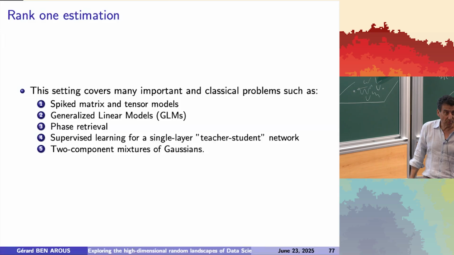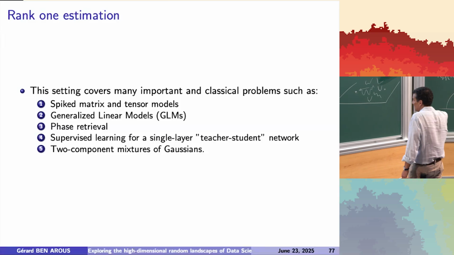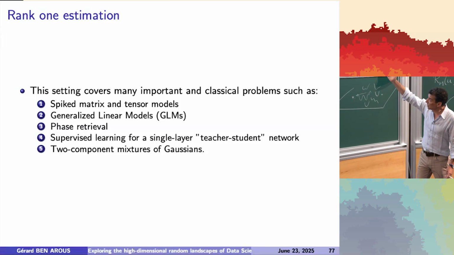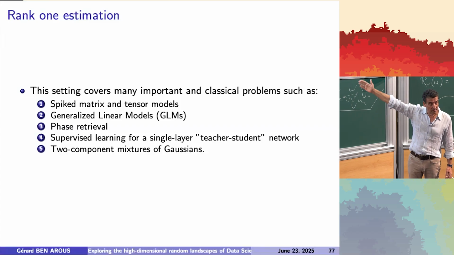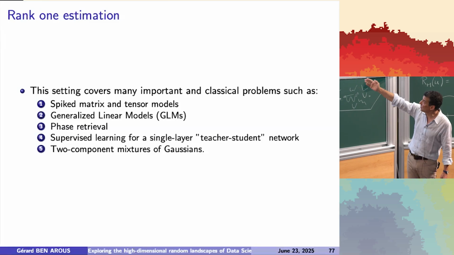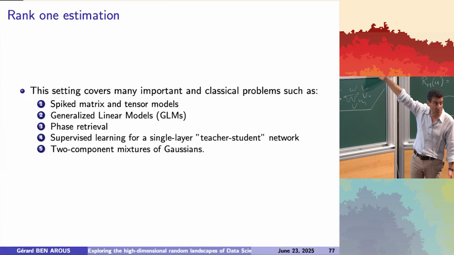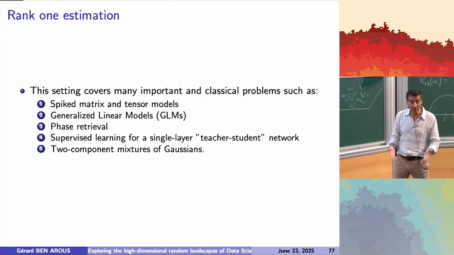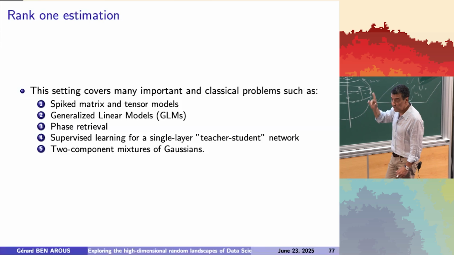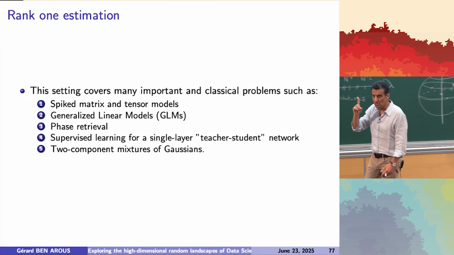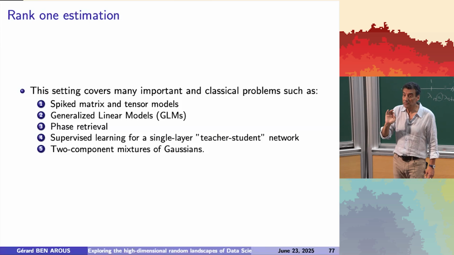Here's all sorts of problems of statistics and machine learning, which are rank 1, like this. So spike matrix and tensor model, this is what I just described. GLMs, phase retrieval, single layer teacher-student network, two-component mixtures of Gaussian. All these are very classical problems of statistics. And all these have this rank 1 structure.